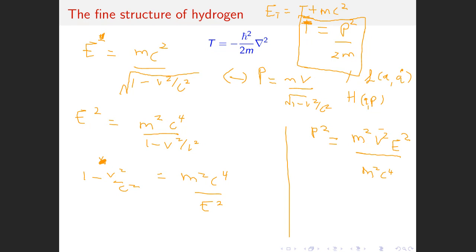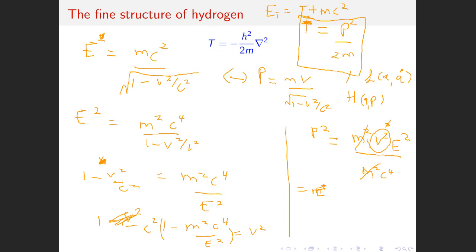But we still have this v² there, so you can solve for v²/c², which is 1 minus m²c⁴ over E². This gives you v². Then you plug it into the expression for p², where the m's cancel.